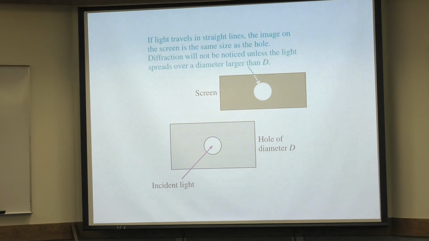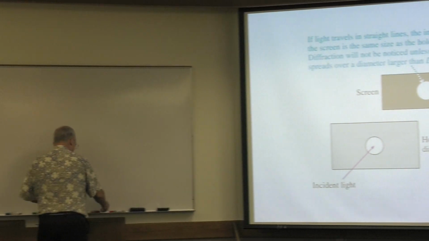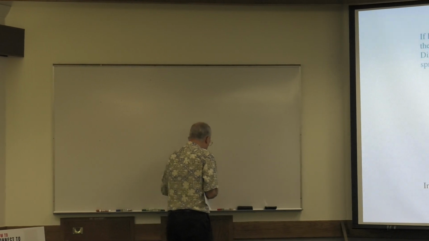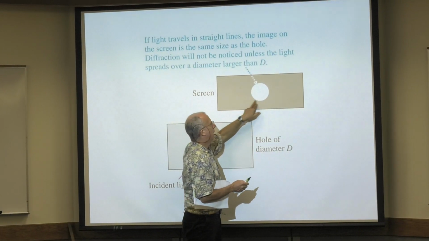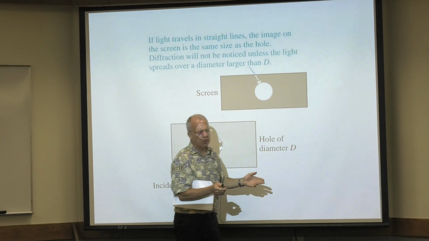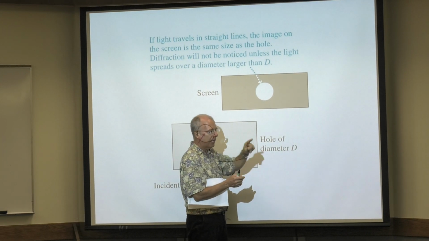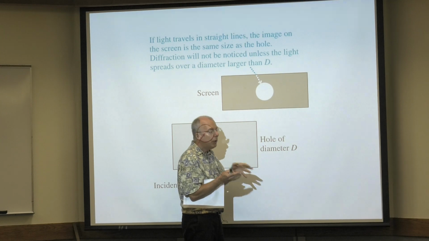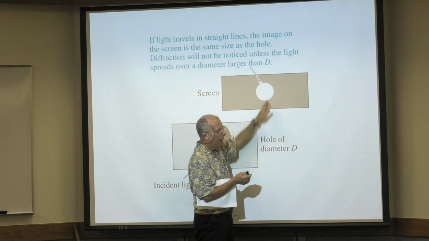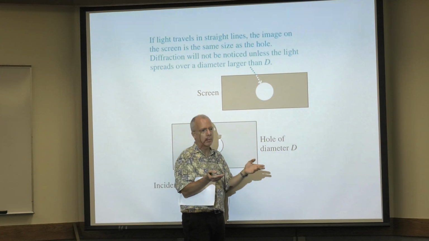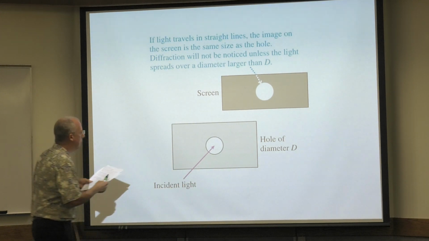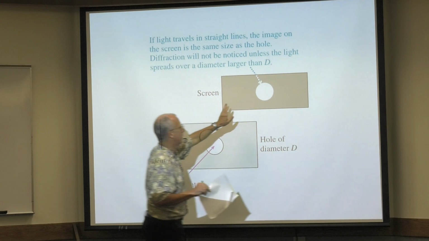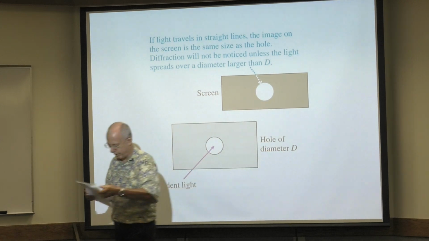By the way, when we talk about single slit diffraction, this is the central max. Why are we ignoring the other ones? Because remember, the secondary maxes are really, really dim compared to the central one. The photographs in the book make it look like they're brighter, but they're really not, okay? But anyway, this is the central max of a single slit diffraction.